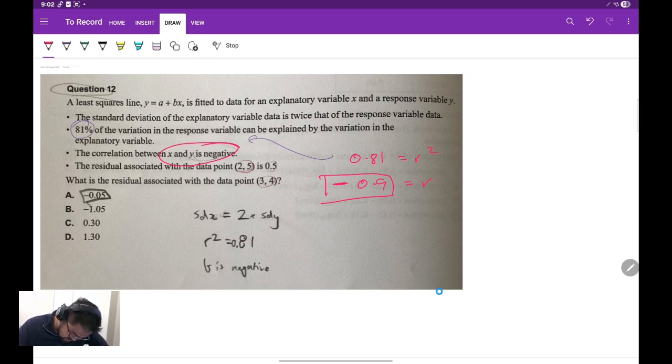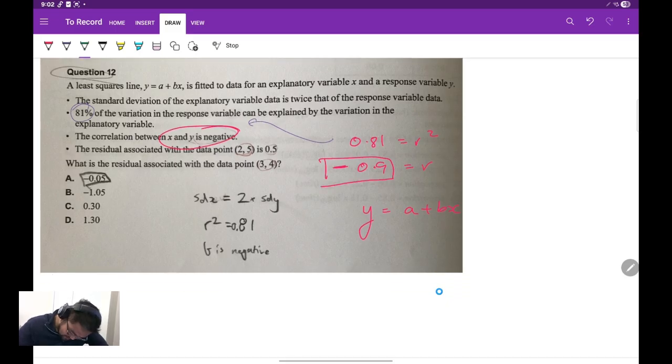we essentially need to work out what's the equation for y is equal to a plus bx by hand. So we need to draw on two formulas. We need to do linear regression by hand, and the formulas that are associated with finding a and b are as follows.